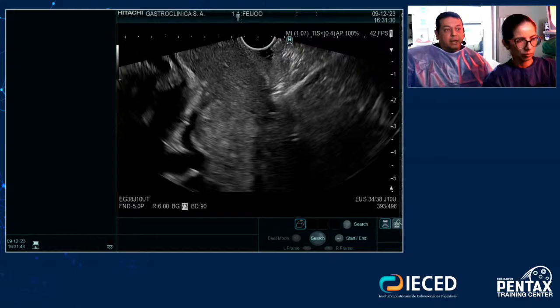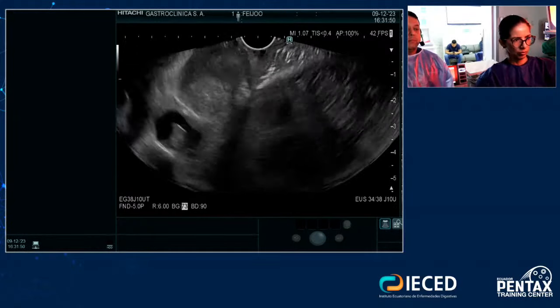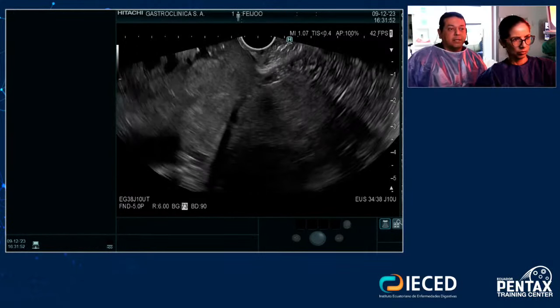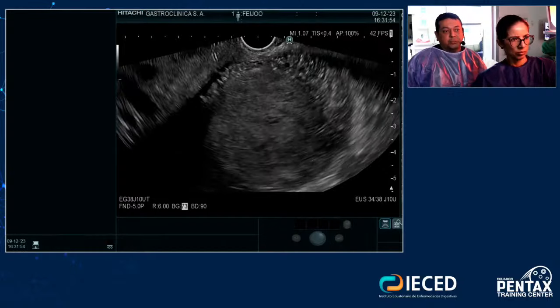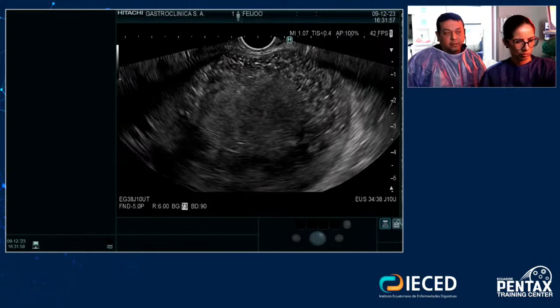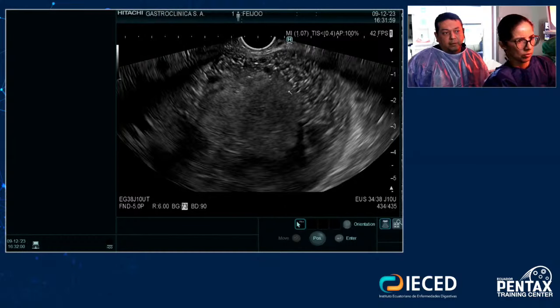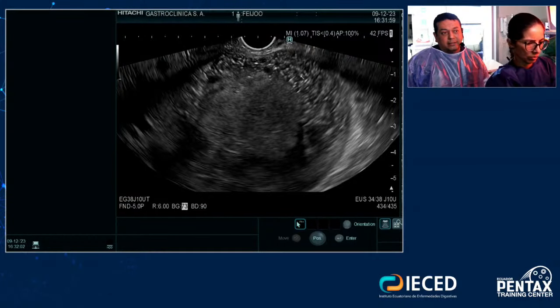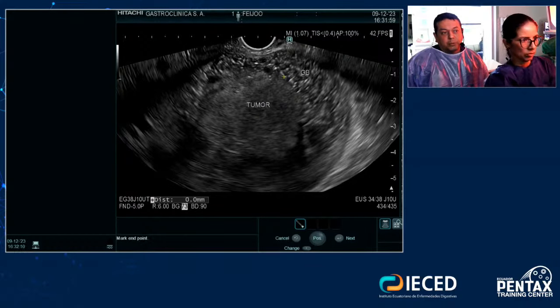And now I want to see what kind of treatment we can offer to this patient. For sure he needs chemotherapy, but first we need to solve the biliary tract problem, the jaundice and obstruction. So now we will change.